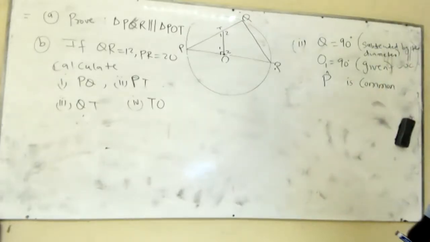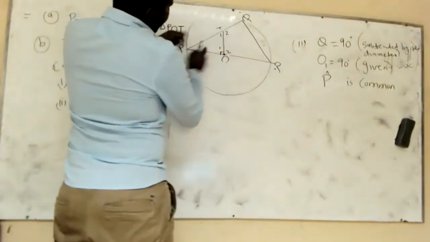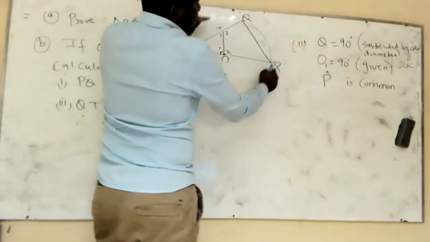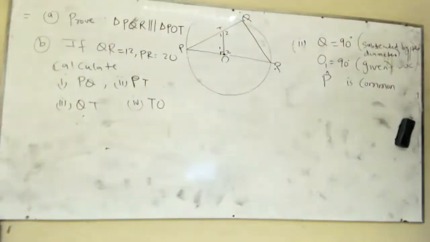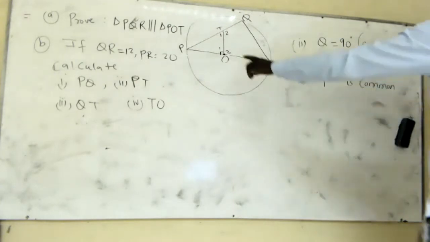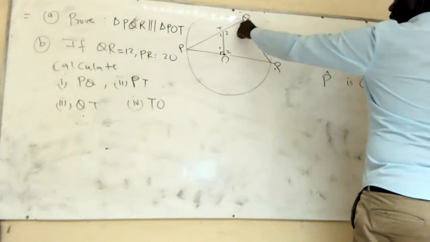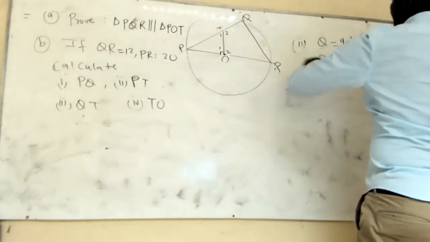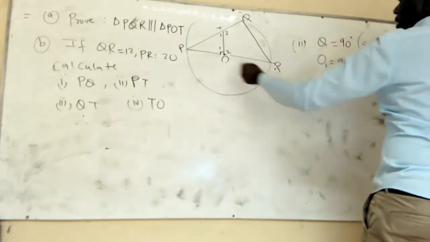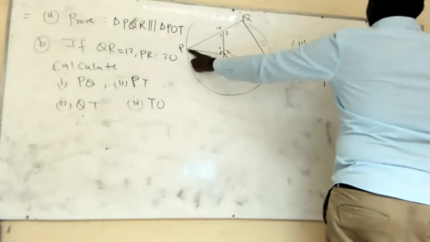Angle P is common because it belongs to this small triangle and also belongs to the big triangle. So P is common. Therefore, let's check the reasons. In this case, the first reason is that for the bigger triangle, we have 90 degrees, and on the smaller triangle, we have 90 degrees given there. So it's one angle. And then the second angle is that P is common in this case.